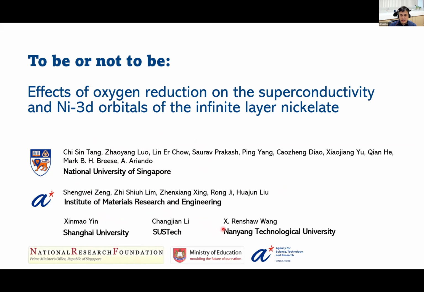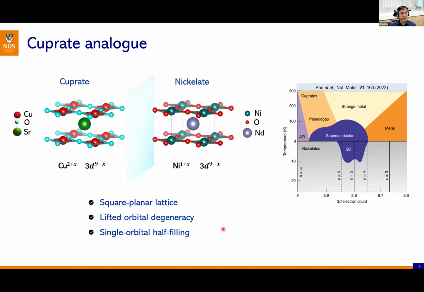So I believe this group of audience do not need any introductions on the motivations of infinite layer superconductivity. But in any case, let me just give a brief overview again.